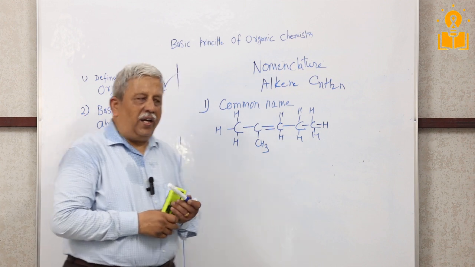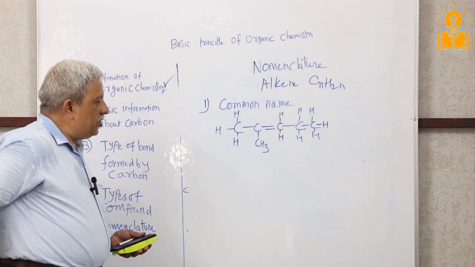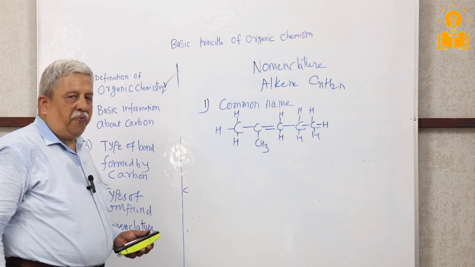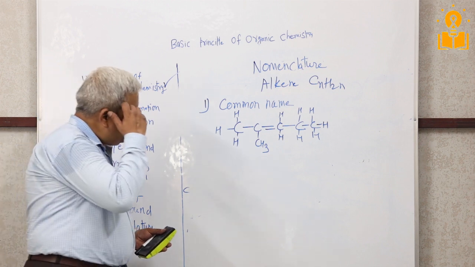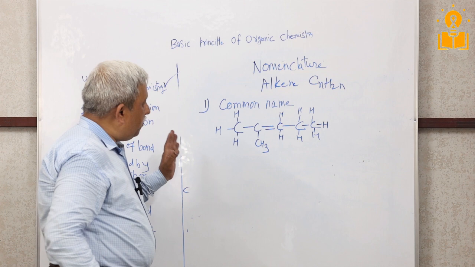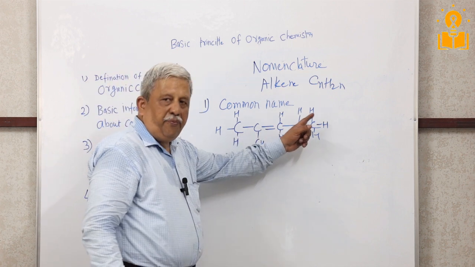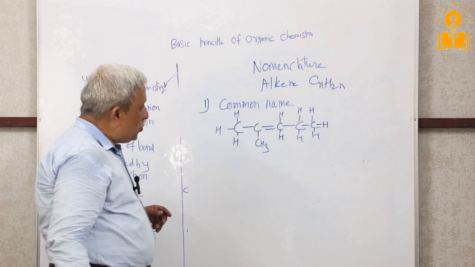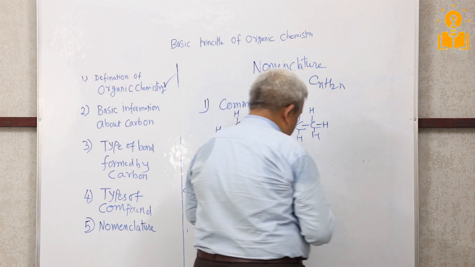Now, what we are going to see first is the number of carbon atoms. First one: 1, 2, 3, 4, 5. So 5 means it is pentene.